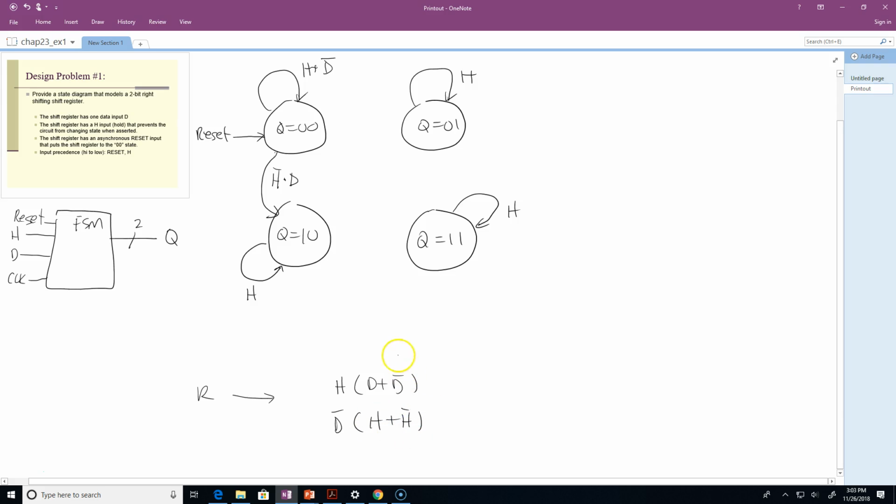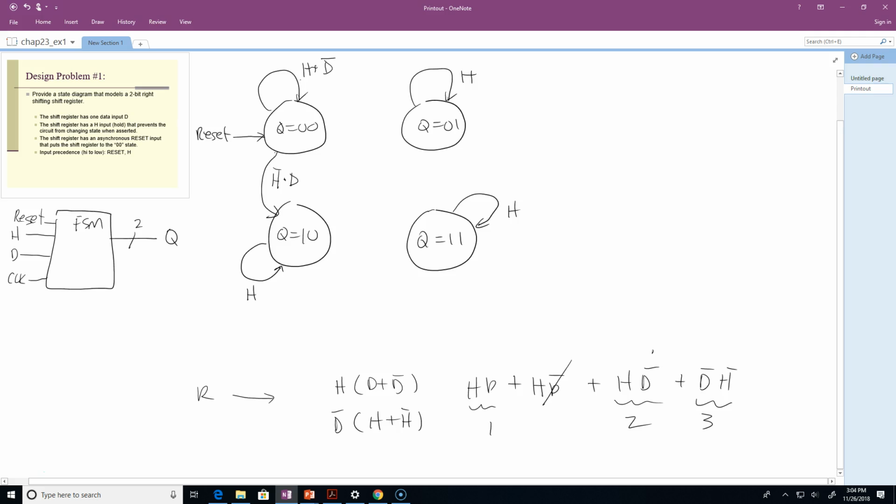This is all the math that I need to do. It's H D plus H D bar plus H bar D bar. Okay, so two of these are repeated. So there's 1, 2, 3. There are my 3 arrows associated with this one self loop up here. So there's the heavy duty math in this thing.